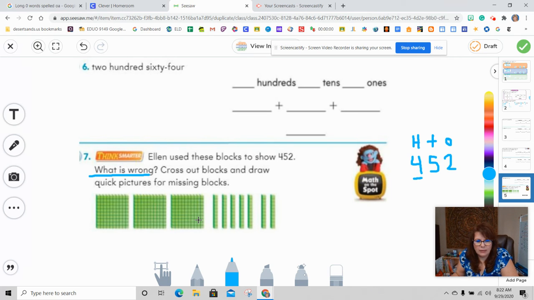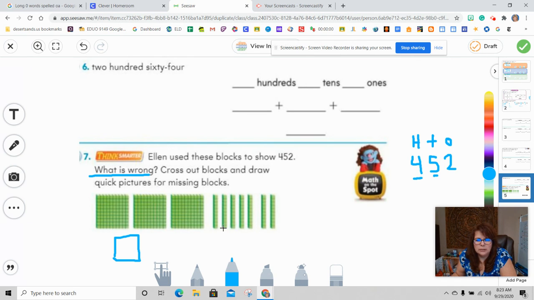So I don't have 4 hundreds, but maybe I can count how many tens I have. Maybe I have 100 there. 10, 20, 30, 40, 50, 60, excuse me, 70. No, I don't. So I'm missing 100 because I only have 3. So I'm going to draw whatever I'm missing or cross out whatever I have that is extra.